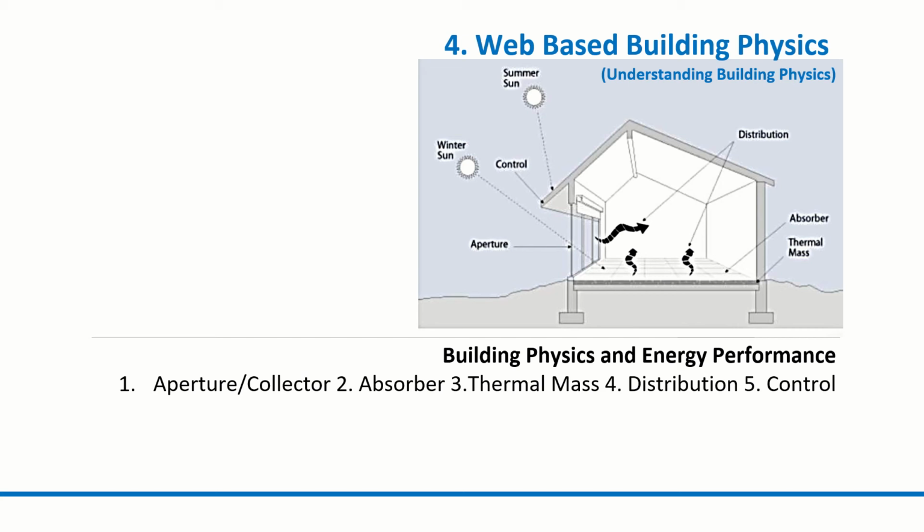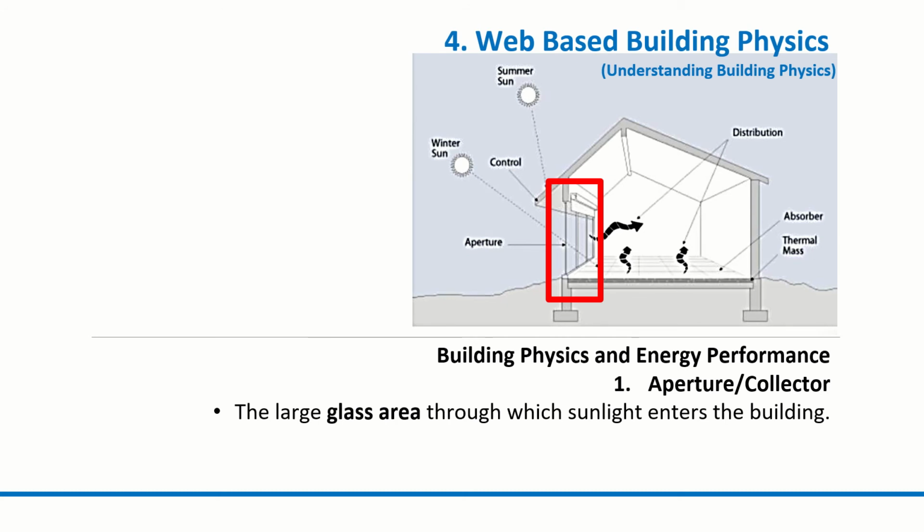Before we go into the tools, I would like to highlight a few things on how we approach building simulation or building energy assessment itself. So we all know what are the different components that make up a building, and energy simulation software is in line with these components. For example, let us say we have something called apertures or openings.